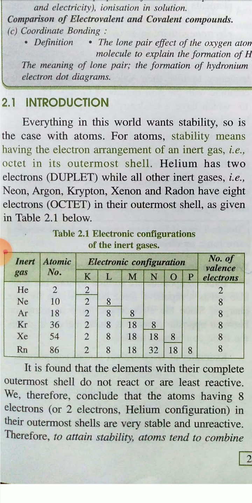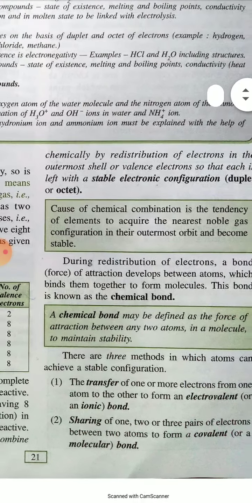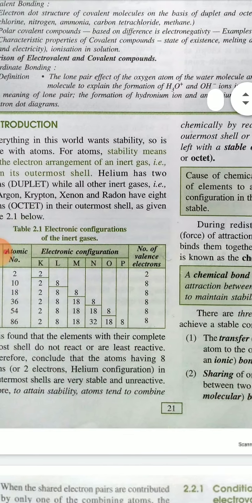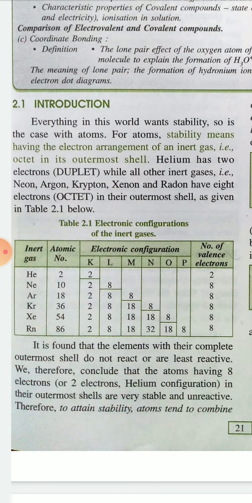The most stable electronic configuration is one in which there are 8 electrons in the valence shell in most cases. In some cases, for lithium, beryllium, boron, and hydrogen, the most stable configuration is 2 electrons in the valence shell, but for other elements, 8 electrons in the valence shell. You have to remember this.